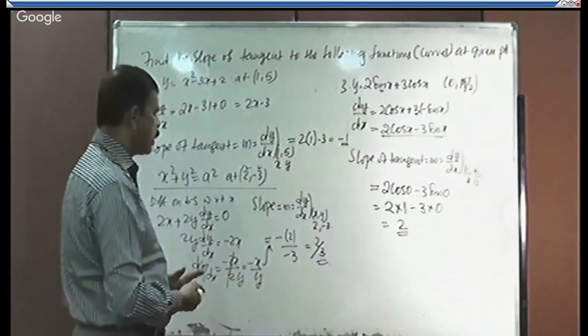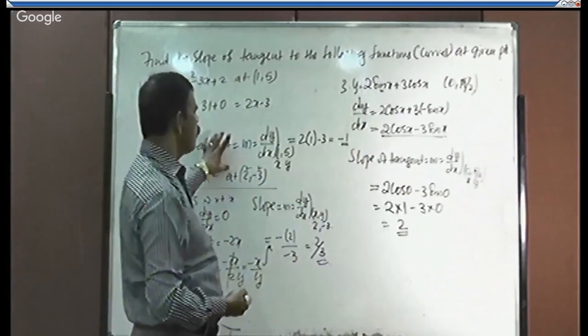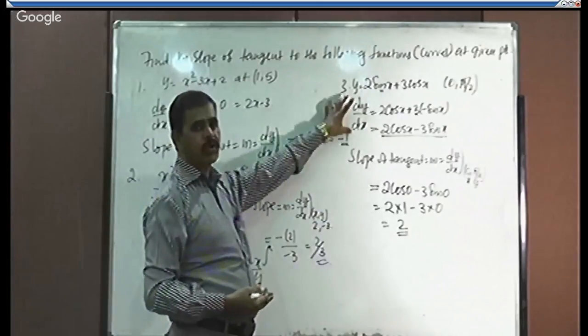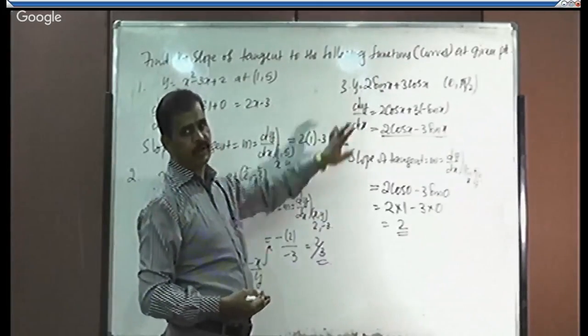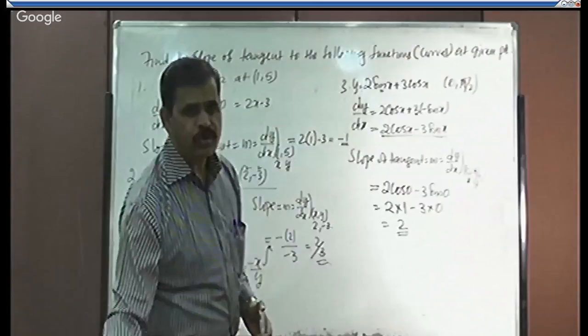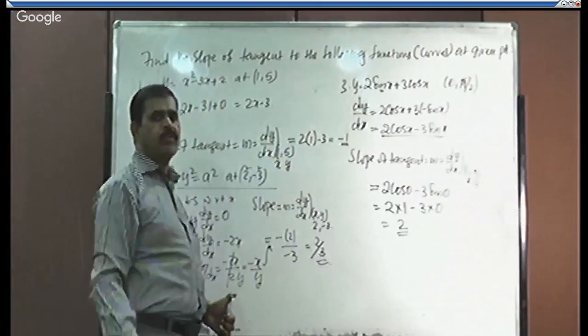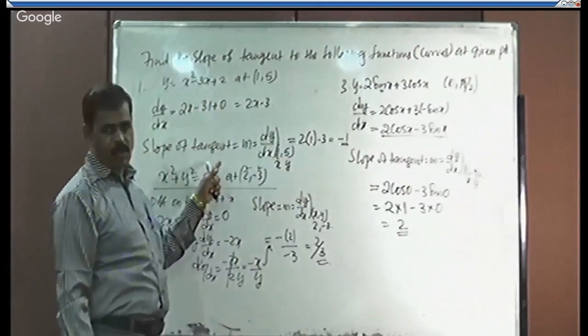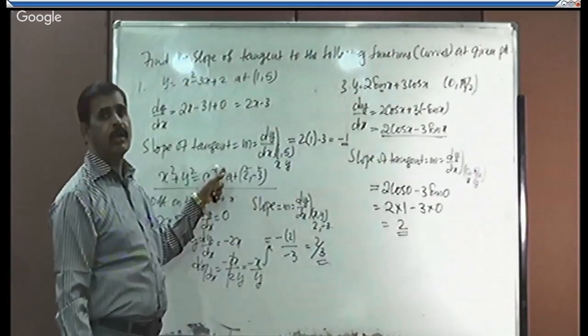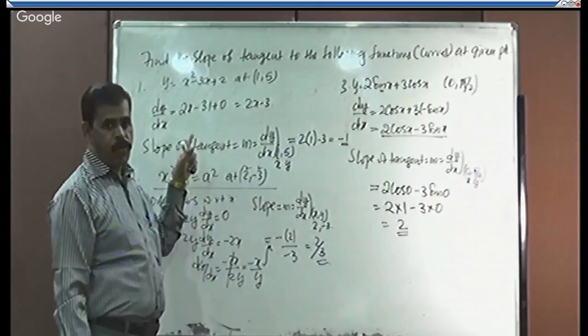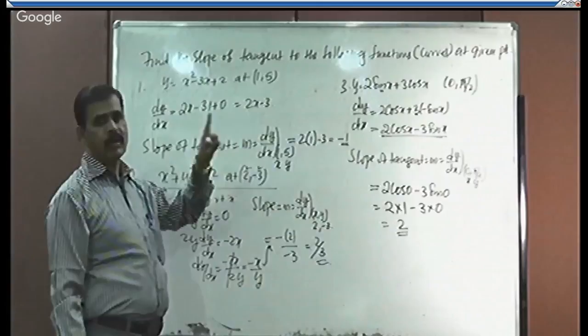Like that, for any given curve, you can get the slope of tangent. What to do to get the slope of tangent? First, you differentiate the given function with respect to the respective variable. After that, substitute the given point.